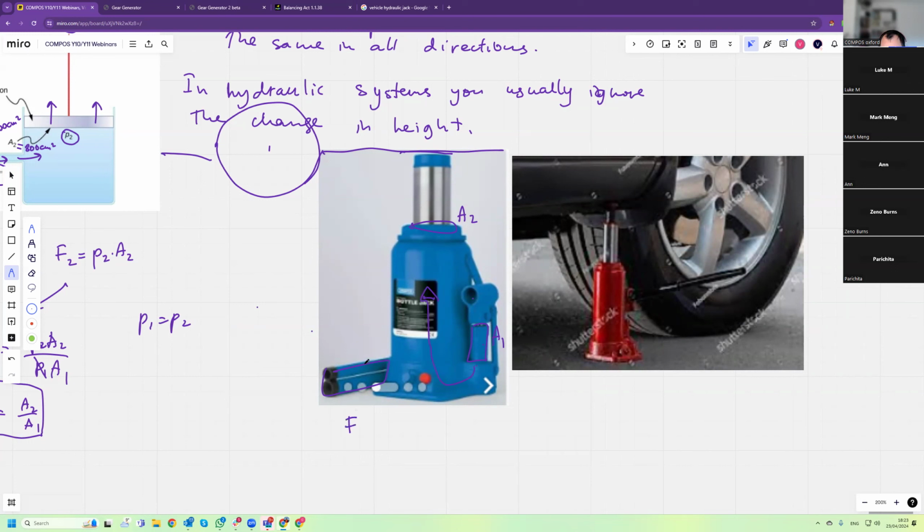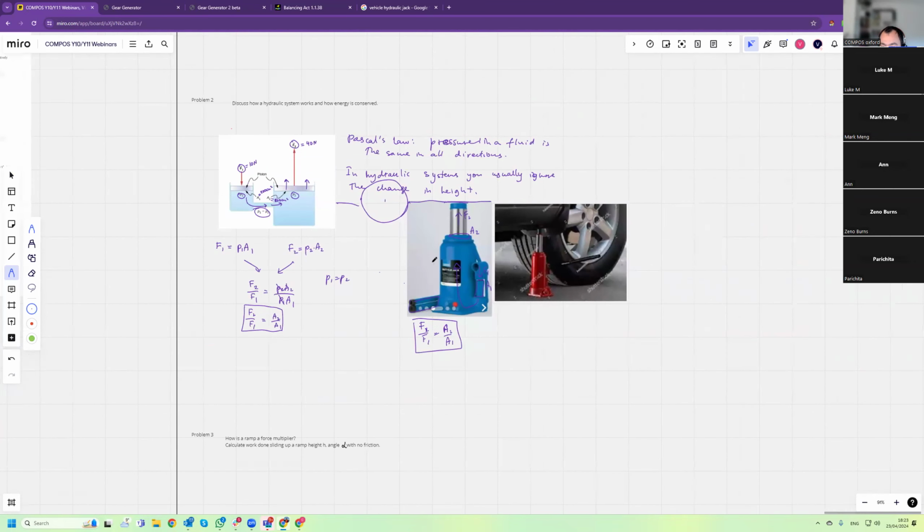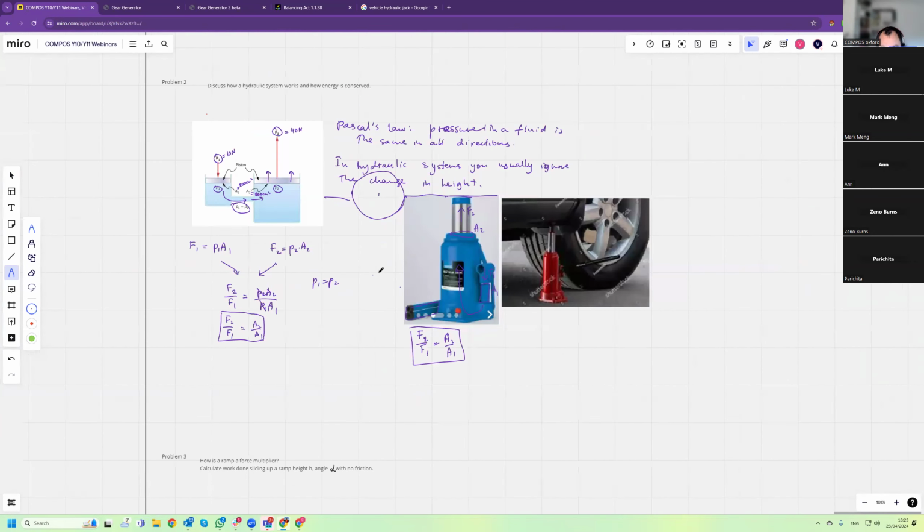And the ratio of the forces, the force that you need to apply here, F1, and the force generated here, F2, F2 to F1 is equal to A2 to A1. So if the piston is, let's say, 10 times bigger, then the force is 10 times bigger. All right, and this is quite an ingenious thing.